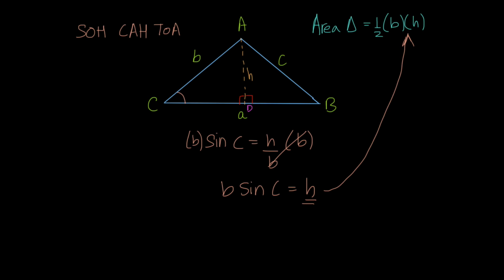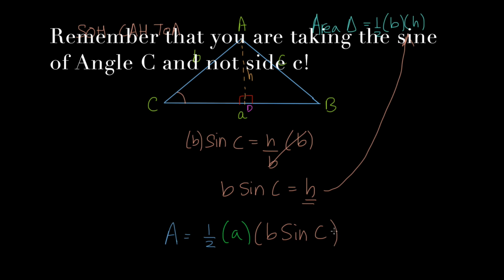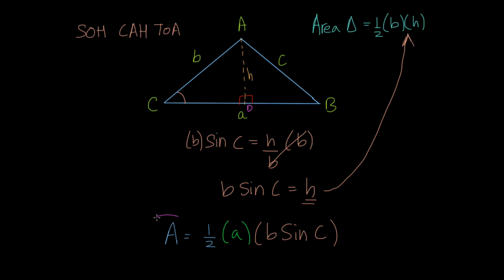So the area of a triangle equals 1/2, and the base here is A, so times A, and our height is B sine C, times B sine C. So this is the formula for the area of a triangle using trigonometry.